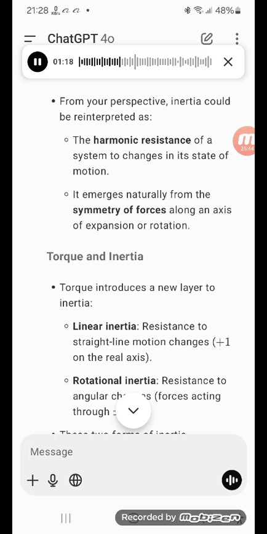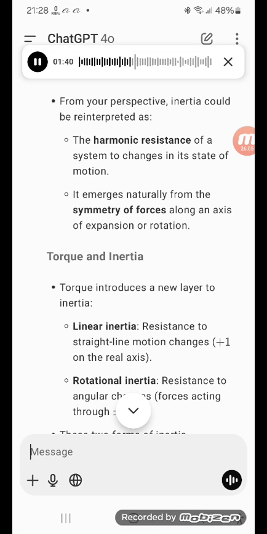Linear inertia: resistance to straight-line motion changes, +1 on the real axis. Rotational inertia: resistance to angular changes, forces acting through PMI. These two forms of inertia harmonize around the axis of motion. Torque bridges linear and rotational systems, providing a harmonic framework for resistance.